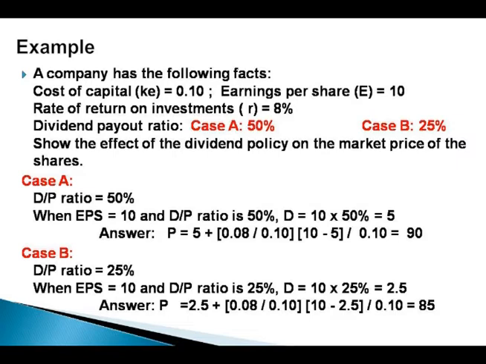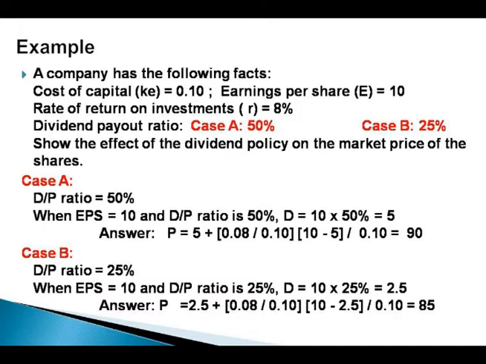Here the DP ratio is 50% in company A, case 1. When EPS is 10, DP ratio is 50%, so D is 50% of 10, that is 5. If we put all those figures in the above formula, we will get 90. Same in case of company B, where the DP ratio is 25%, EPS remains the same, D is 25% of 10, that is 2.5, and in that case the market price is 85.